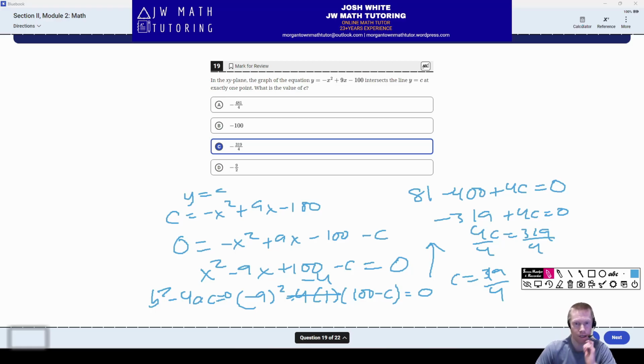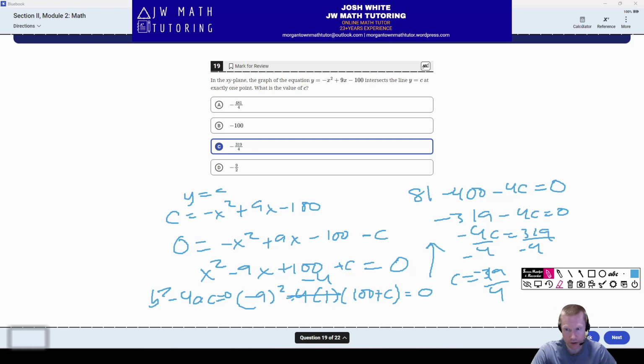Oh, I see what it is. This was minus c when I moved it over to the right, but when I move it over to the left, it needs to be plus c. So this is plus c. Therefore, this is minus 4c. Now we get negative 319 over 4, letter C.